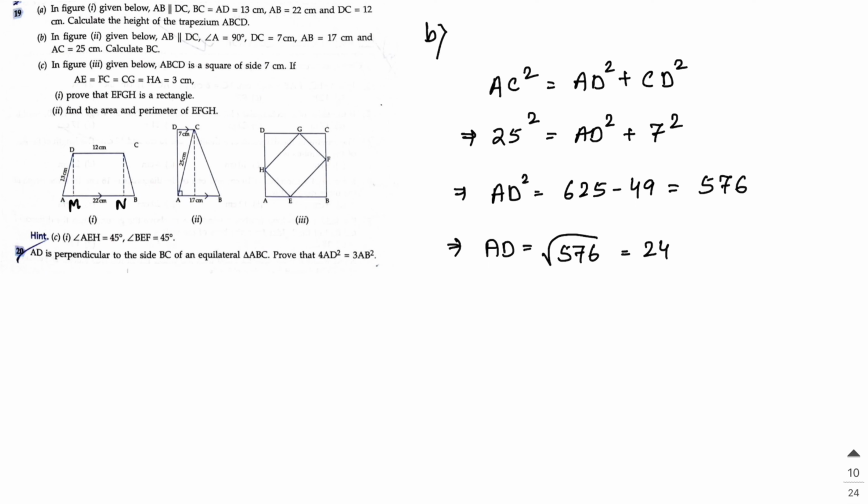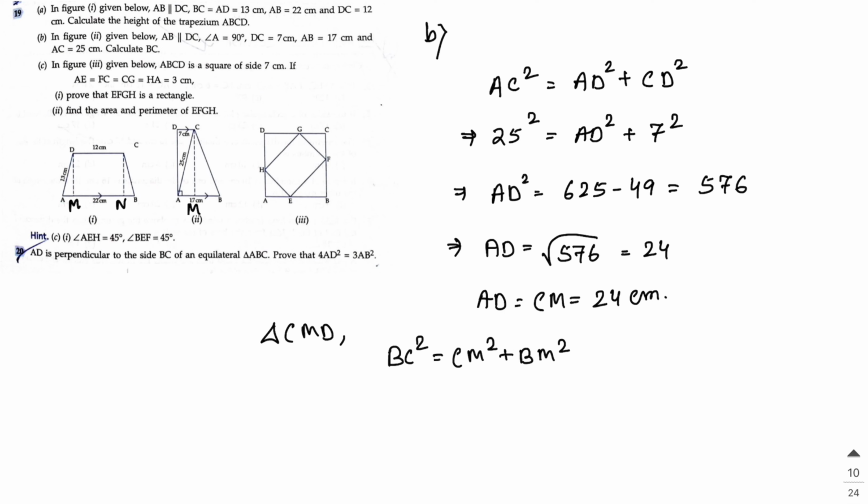As AD equals 24, if you mark the dotted line as M, then AD is equal to CM, that is also 24 centimeters. You have to find out BC. In triangle CMB, BC square is equal to CM square plus BM square.